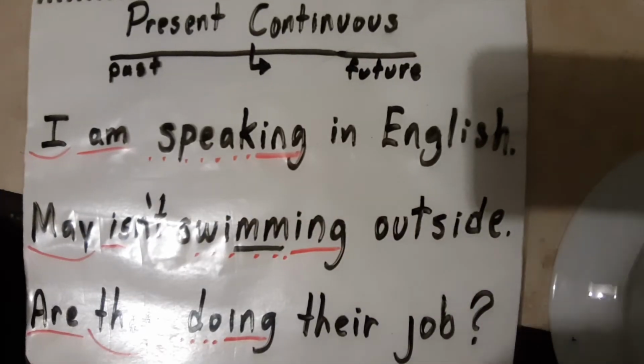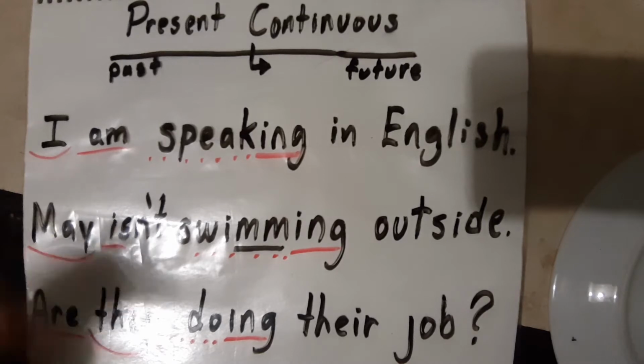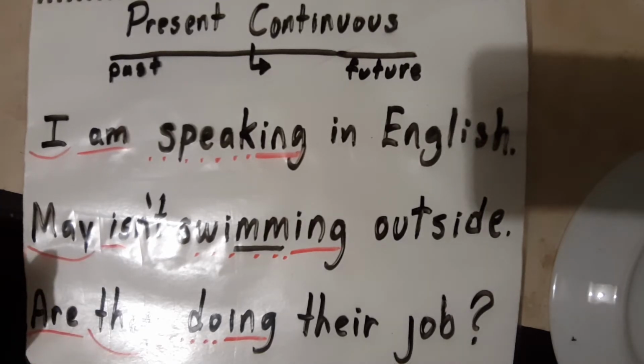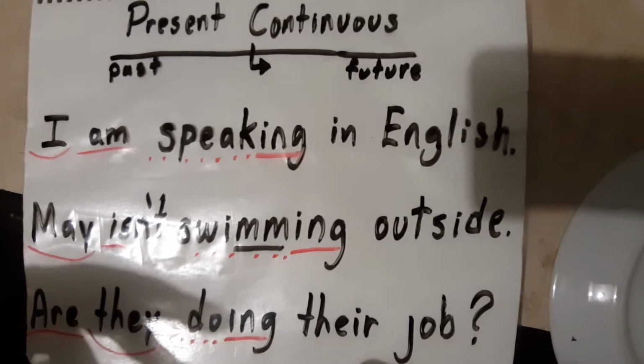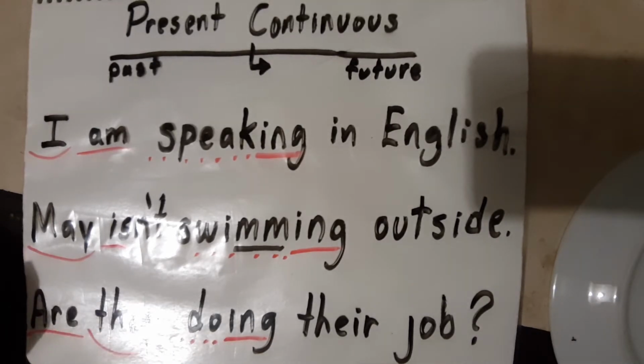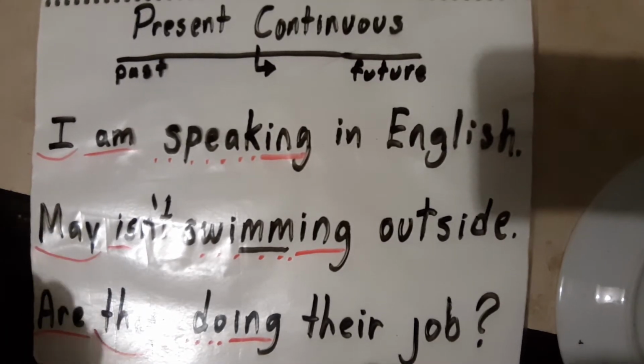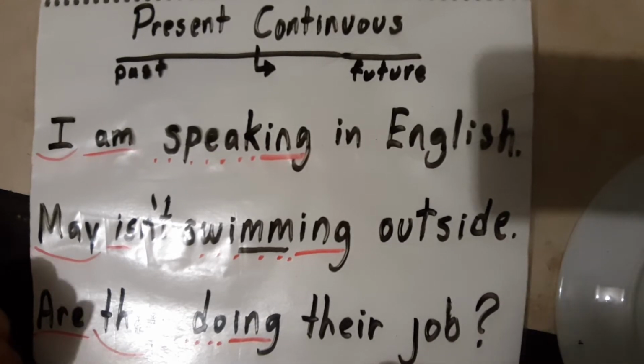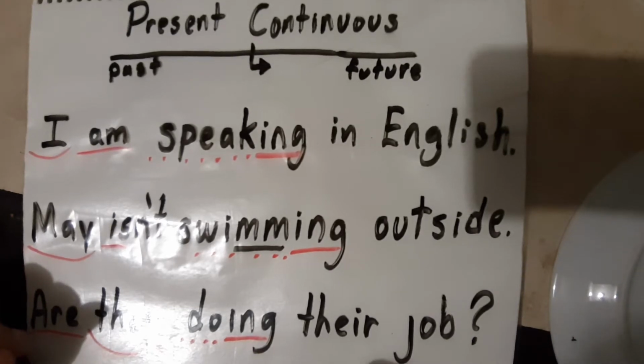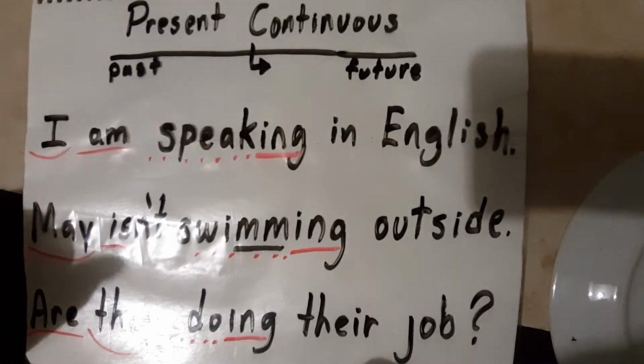Now, another possible situation where you could use the present continuous is when you speak about events in the near present, about this moment in your life, for example. Imagine that right now you are in, I don't know, in England, yeah?